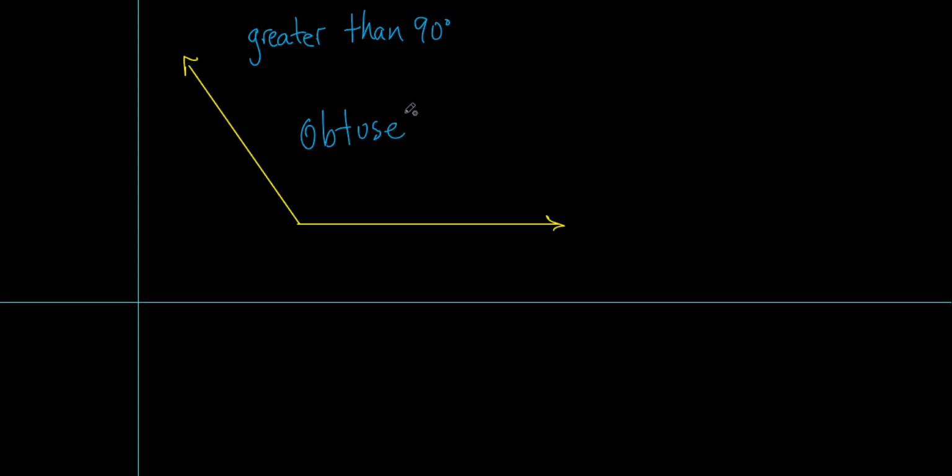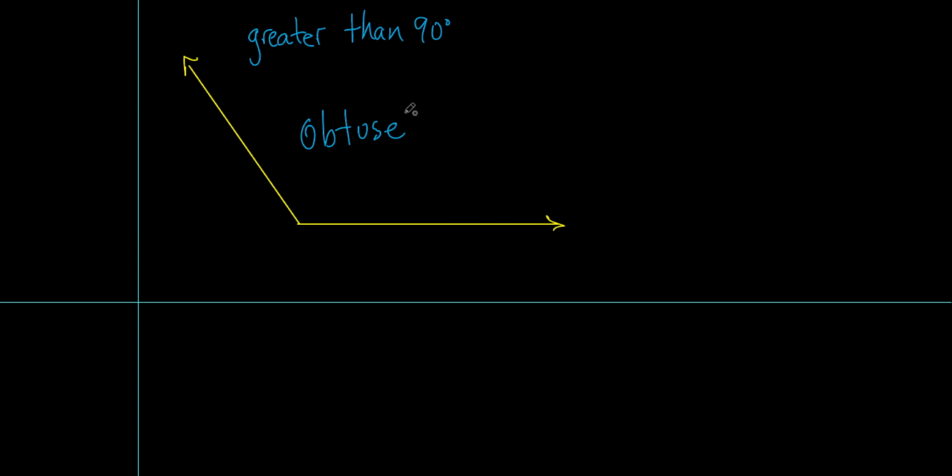Obtuse can be used for several different things. If you want to put somebody down without them knowing, you could say, man, you are so obtuse.